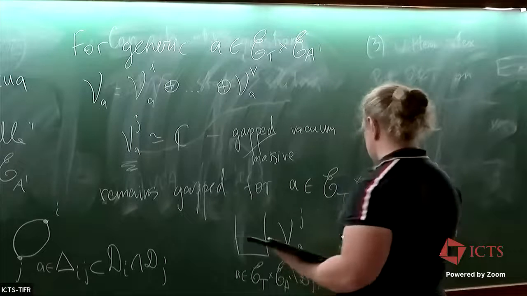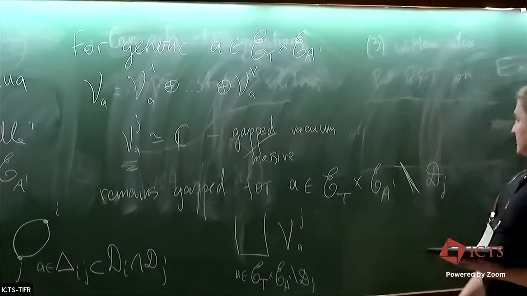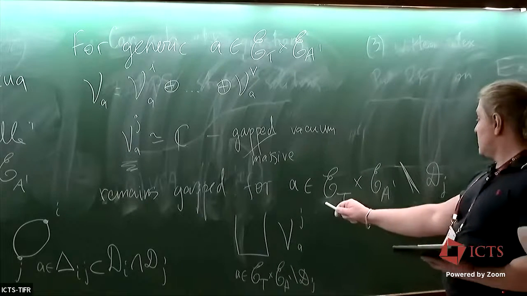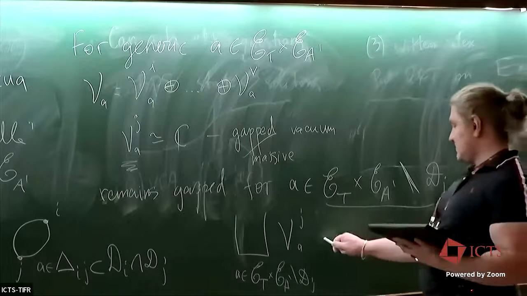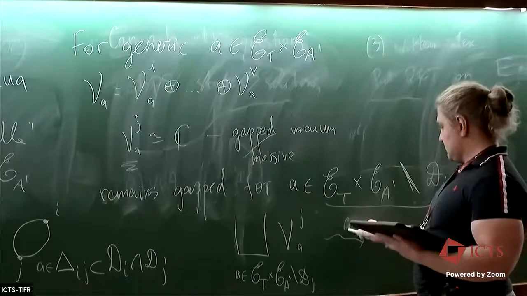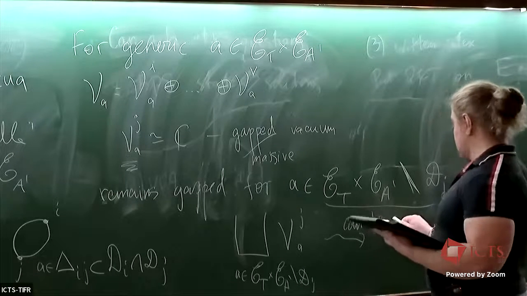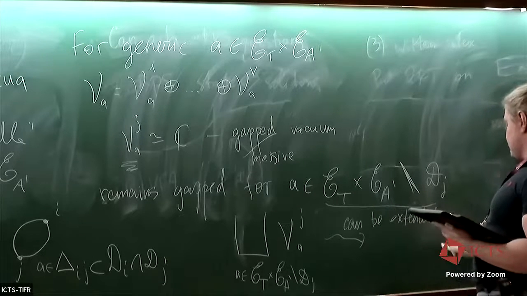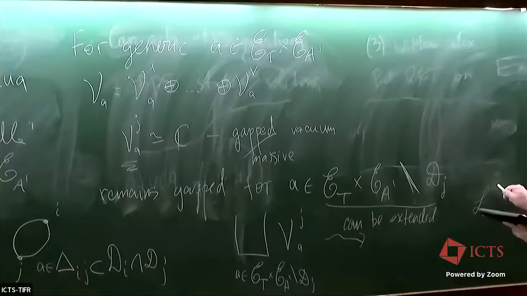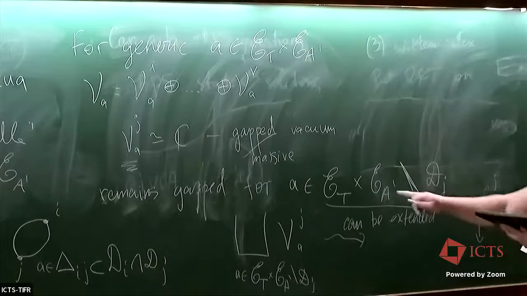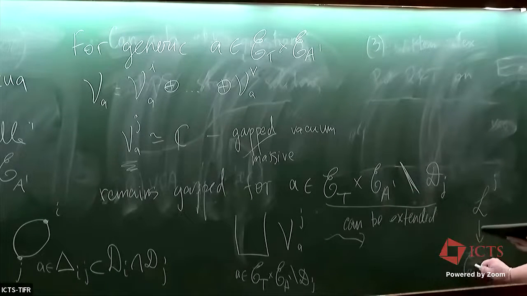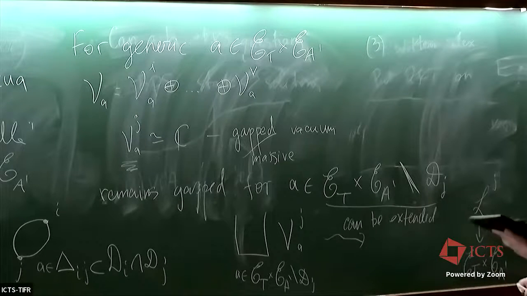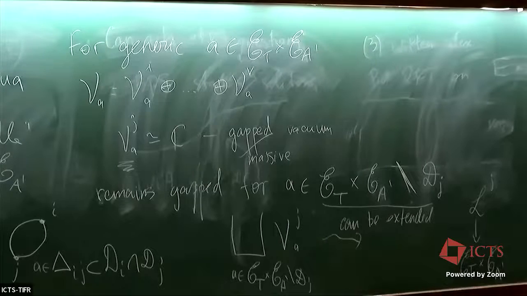And they will give you a certain line bundle on this space, and it turns out that it can be extended to a line bundle just over the entire space of flat connections.